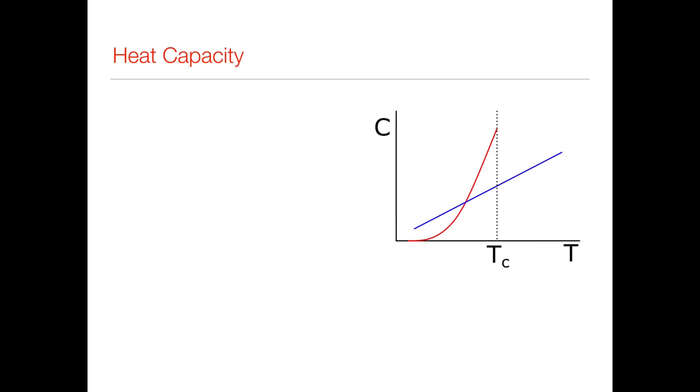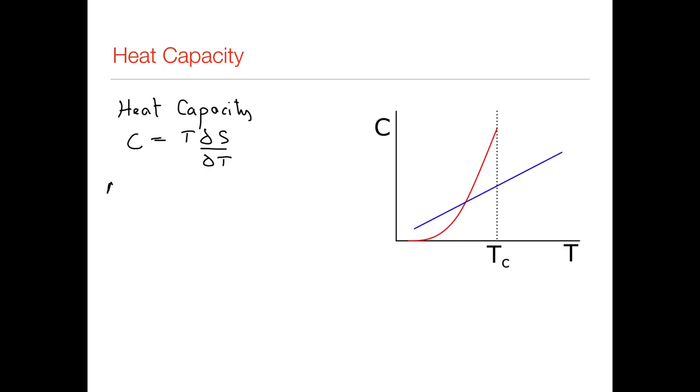Let's then have a look at the heat capacity. Again, a bit of prelim thermodynamics. So heat capacity C is equal to T dS/dT.